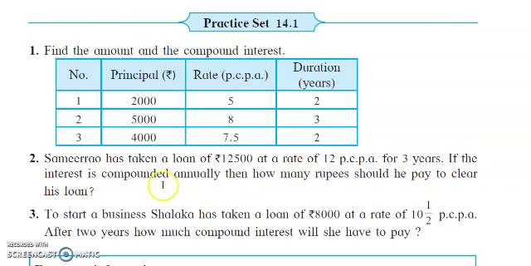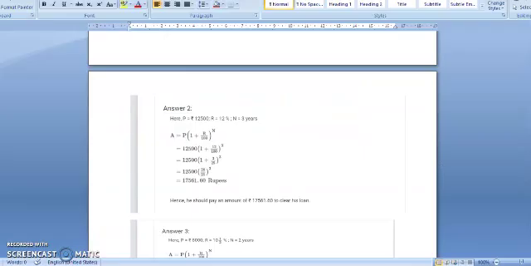Now compound interest is to be calculated annually, means per year compound interest is to be calculated. So how many rupees should he pay to clear his loan? So here we have the principal amount, rate of interest, and number of years. Now put the values in the formula. P, that is 12,500 into (1 plus 12 upon 100) raised to power 3.